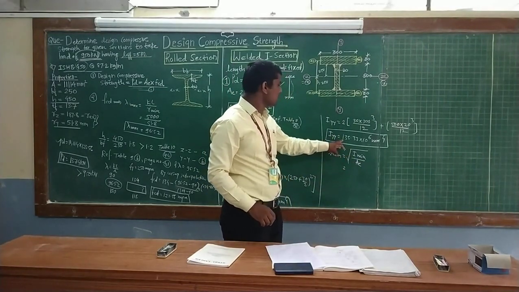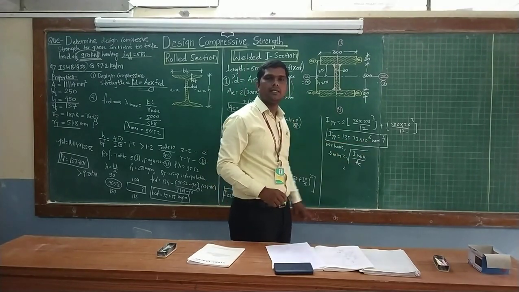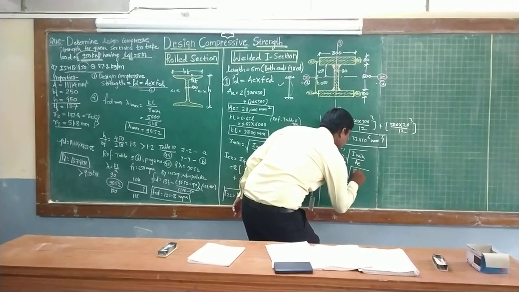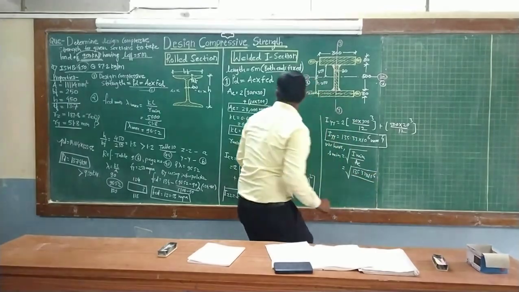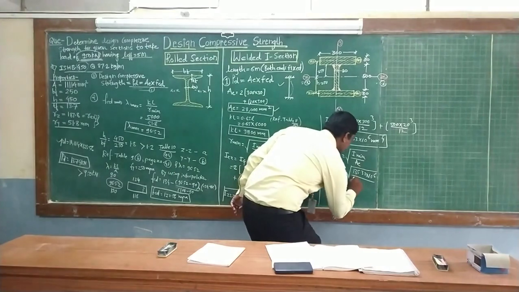I minimum about y axis will be the minimum, that is 135.33 into 10 to the power 6. So under root of 135.33 into 10 to the power 6 divided by the area of cross section, already we have found out, that is 28,000.